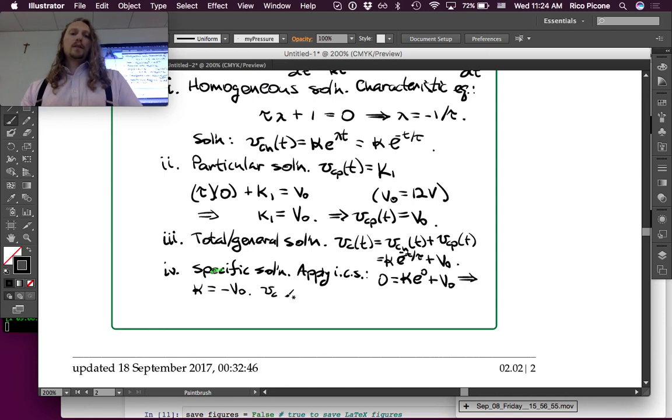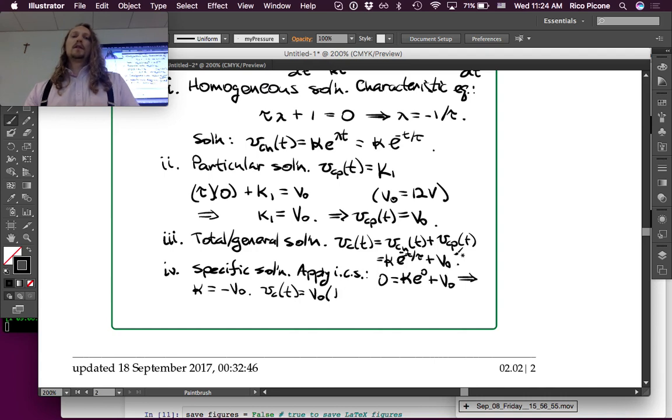So then we can write our specific solution as VC of t equals, now we know that kappa is negative V0. We plug that in, notice there's a V0 in both terms, right? We're going to want to factor that out, and once we do that, we have V0 times, I'm going to switch the order of these terms too.